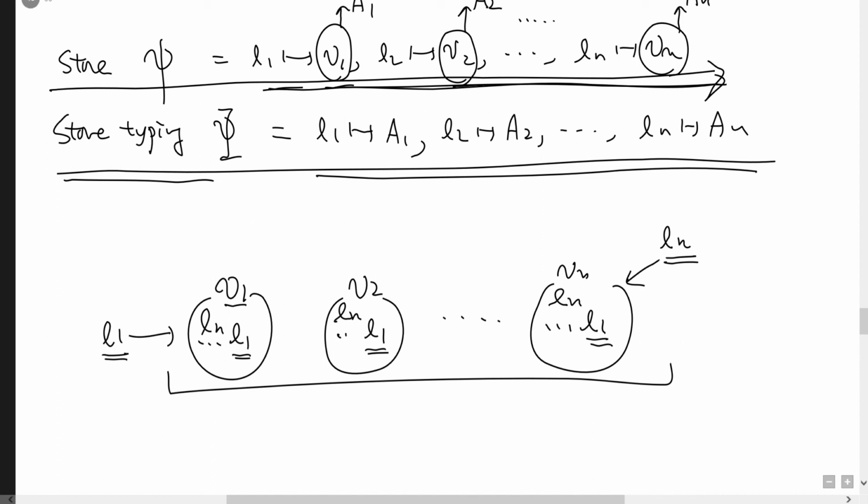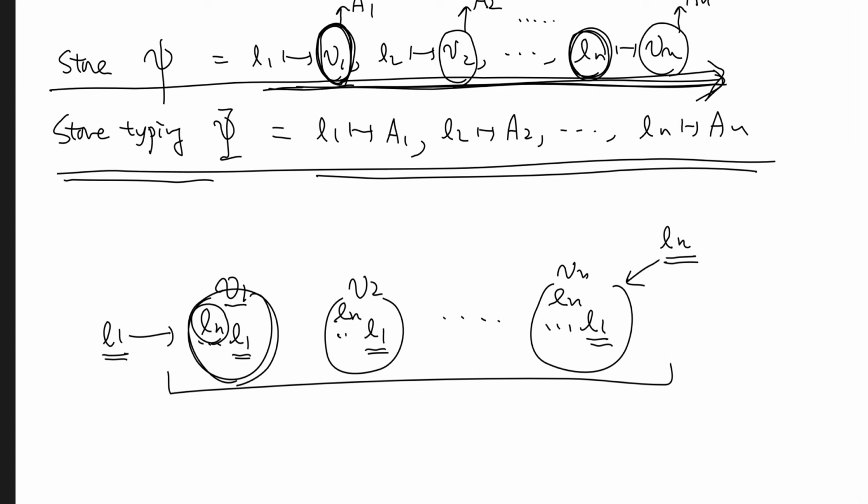So when we are trying to calculate the type of this value V1, we might see inside the value V1 that we actually encounter location Ln, which we have not considered yet. So this sequential approach doesn't work.